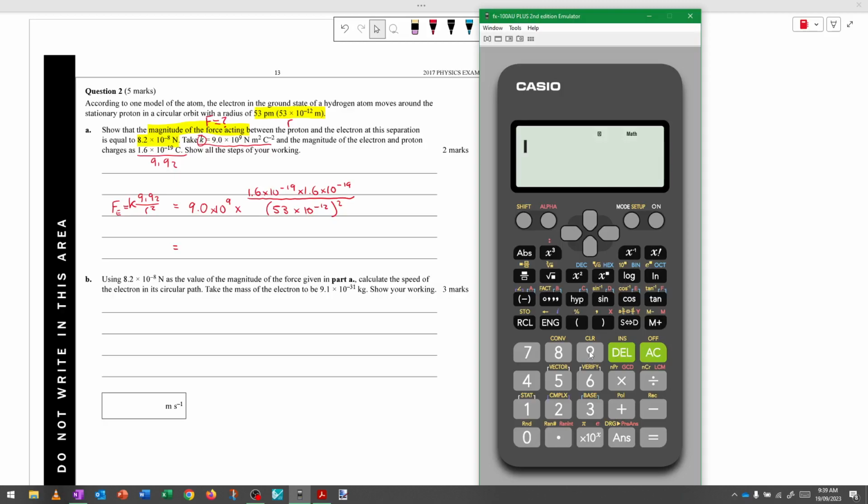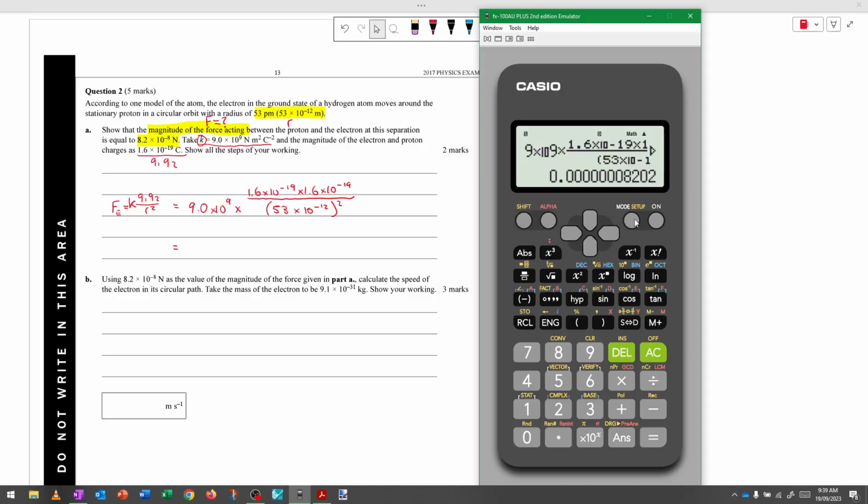So if I type that all in again, sorry, skip ahead. 9 times 10 to the 9 times 1.6 times 10 to the negative 19 times 1.6 times 10 to the negative 19 over 53 times 10 to the negative 12 squared.